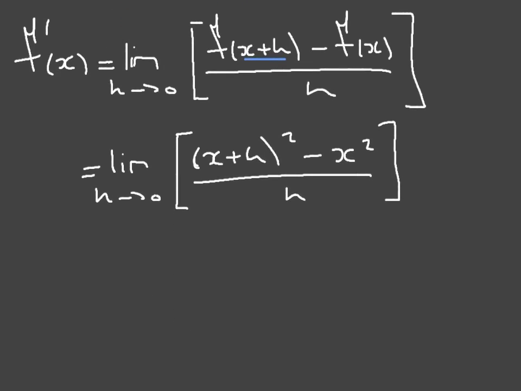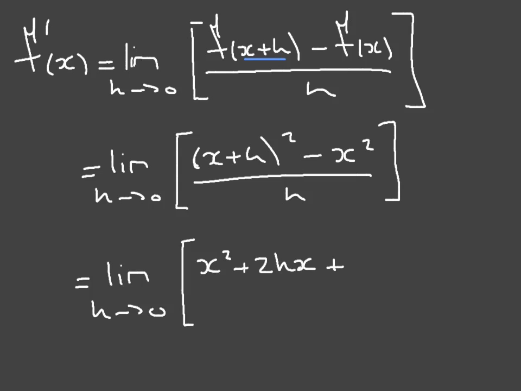Now, expanding that first set of parentheses, this will lead us to the limit as h tends towards 0 of x squared plus 2hx plus h squared minus x squared. Again, all of that's still over h.